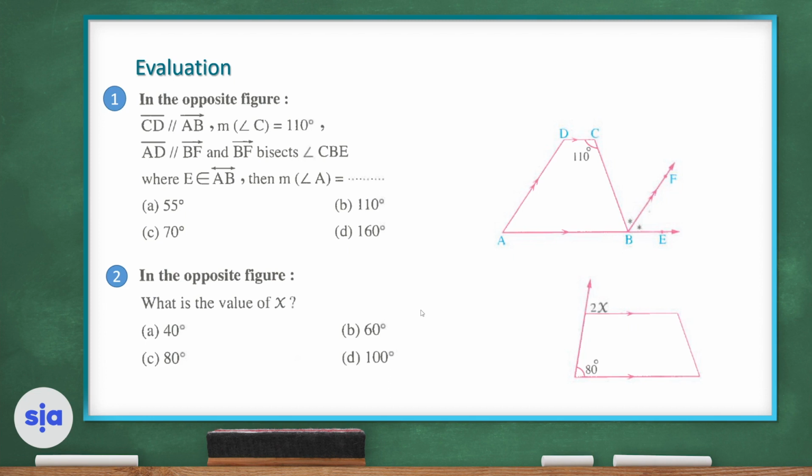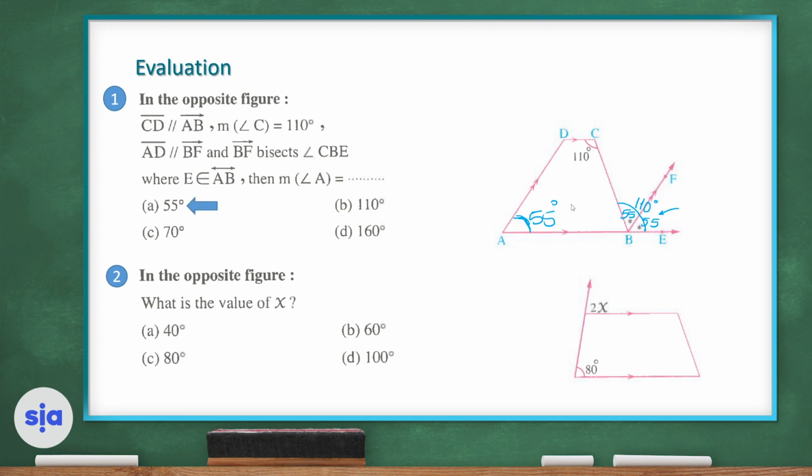As you can see here, angle C and angle CBE are alternate angles, so this is 110 degrees, so each one of them is 55. And angle A and angle BFE are corresponding angles, so angle A is equal to angle FBE, which is 55 degrees.